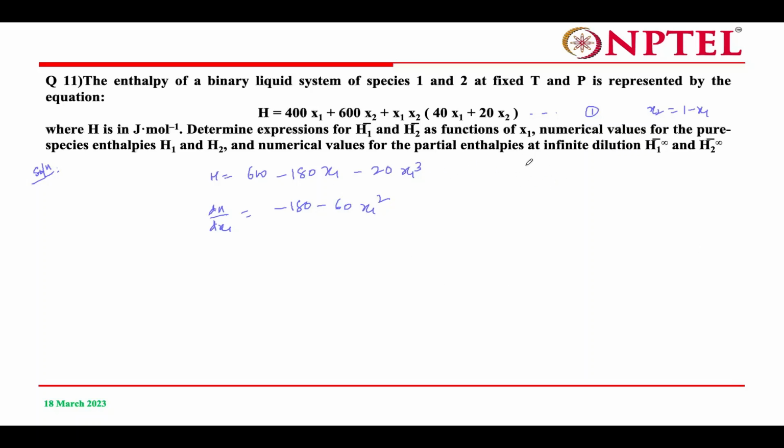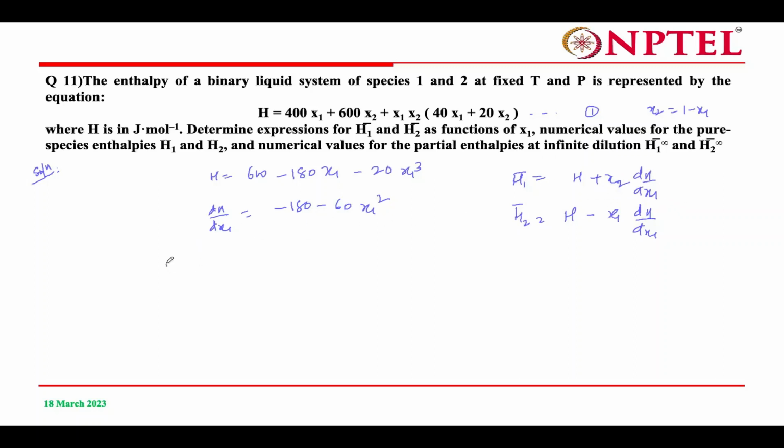So as we know the two equations derived, H1 bar equals H plus X2 dH by dX1, right? For H2 bar, H minus X1 dH by dX1. So put the H value here and dH by dX1 here.